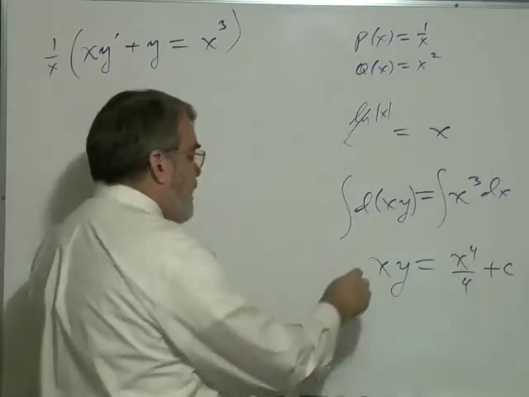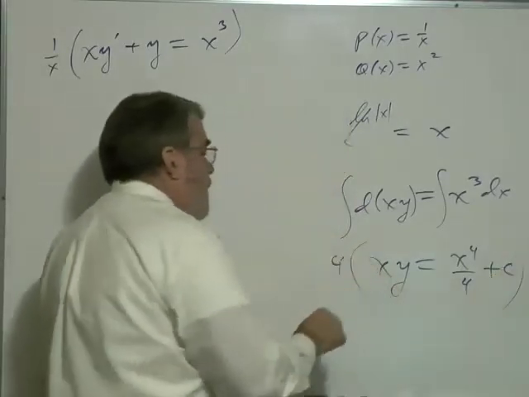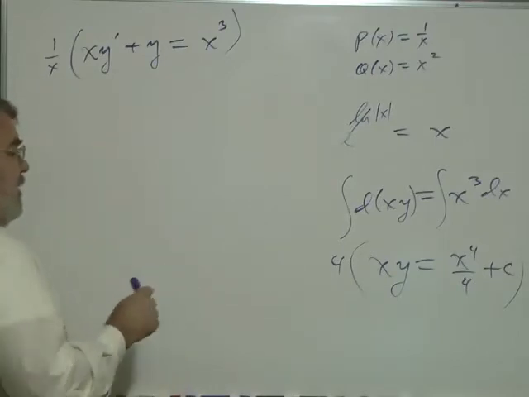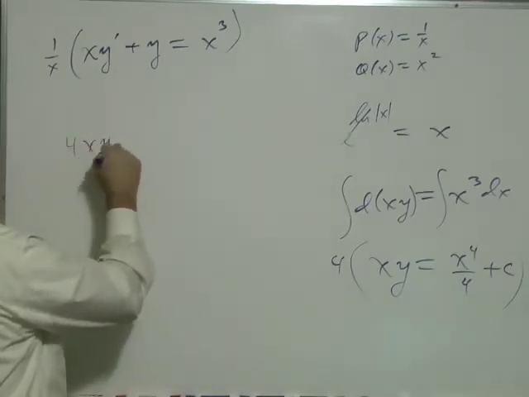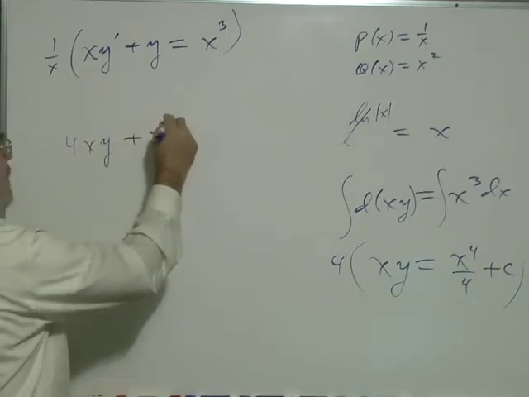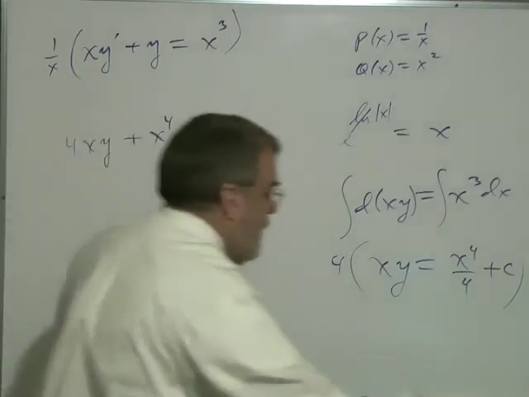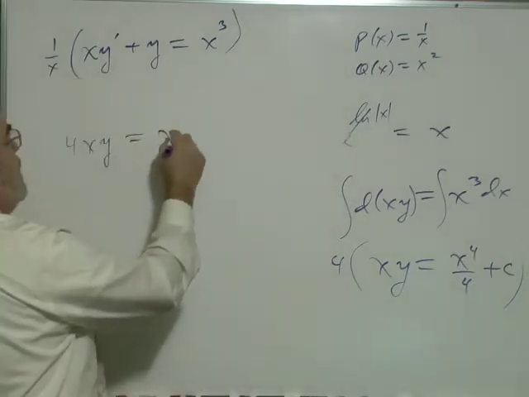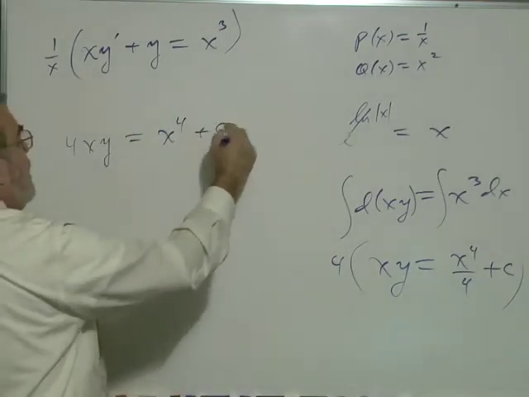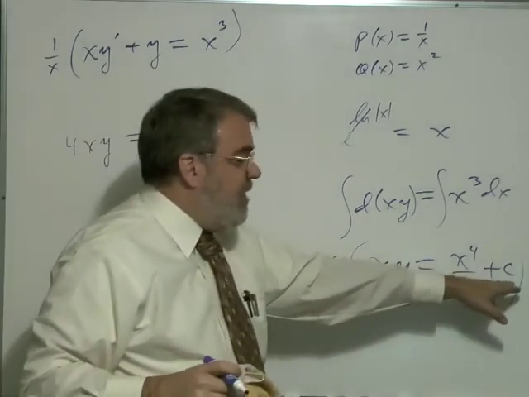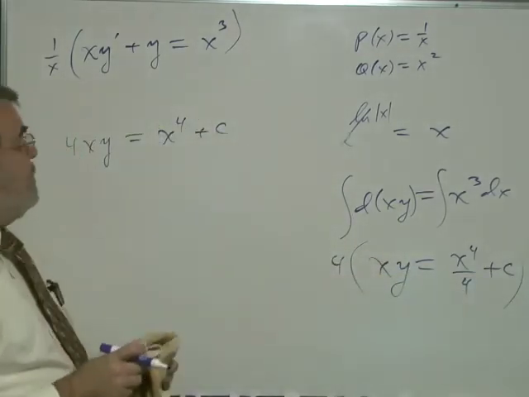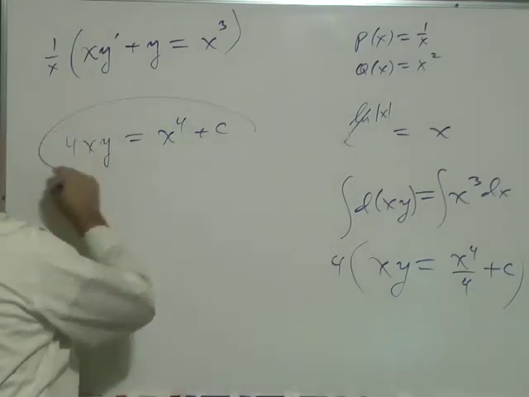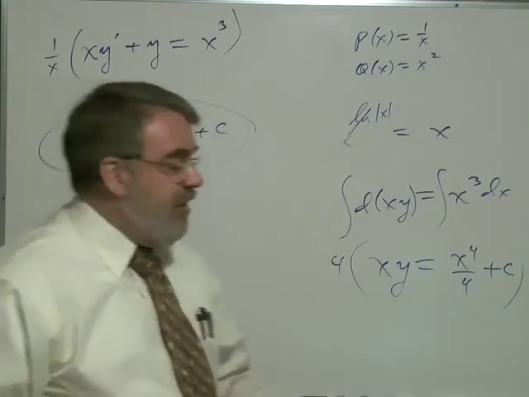If we multiply this equation by 4, just to eliminate that pesky fraction, I end up with 4xy equals x to the fourth plus a constant, because 4 times the constant is still a constant. So I'm just renaming my constant. There we go. So this is the solution to our differential equation.